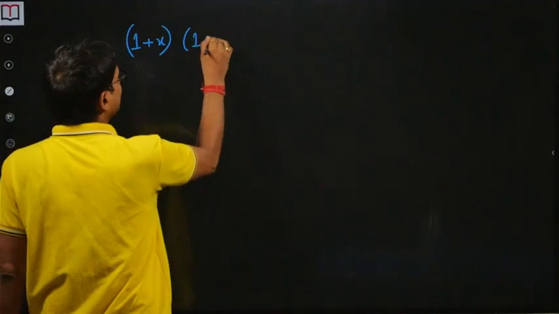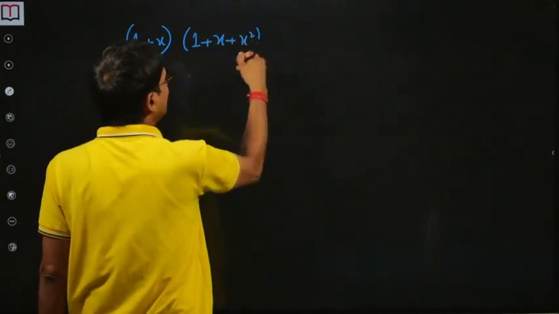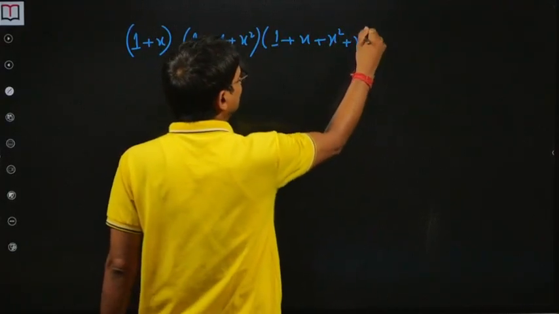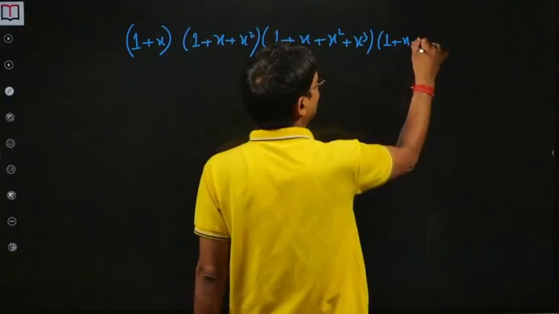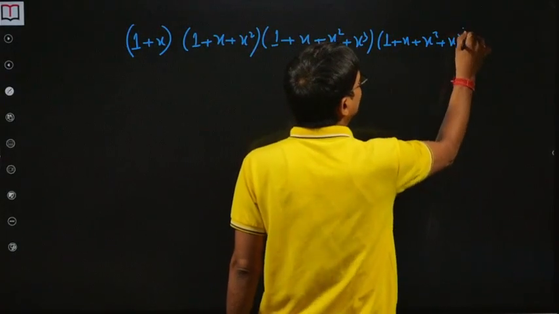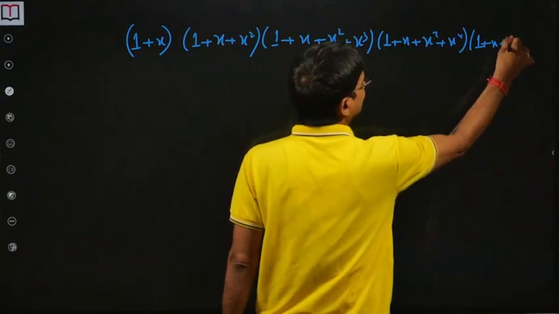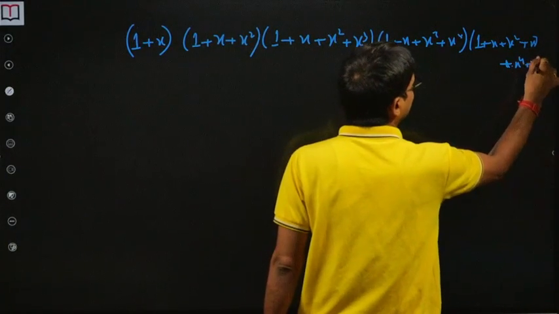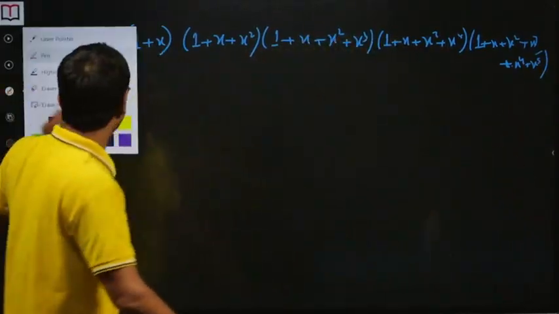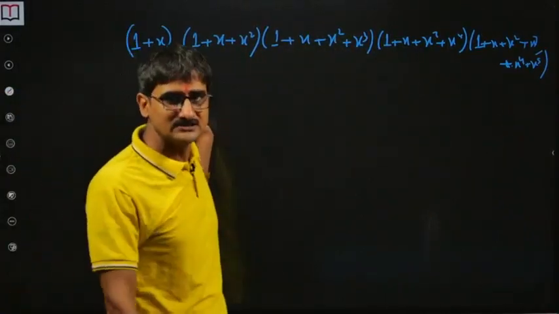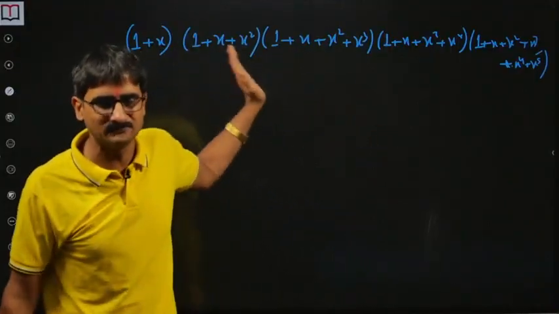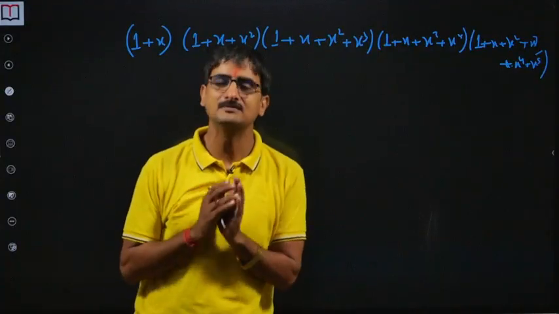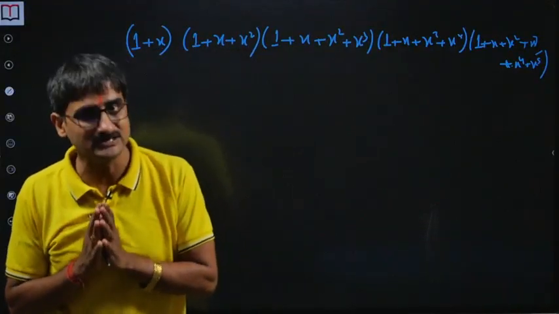On second one, you have again 1 plus x square. Third step, 1 plus x, 2 steps, or at most 3 steps. Fourth one, 1 plus x cube plus x raised power 4. On fifth step, 1 plus x square plus x cube plus x raised power 4 plus x raised power 5, and of course I'm looking for the coefficient of x raised power 5 in this expansion, because at last I have to end up taking total 5 steps.